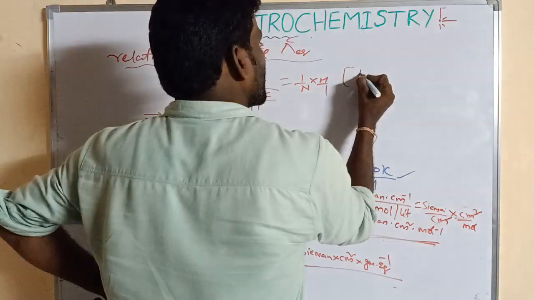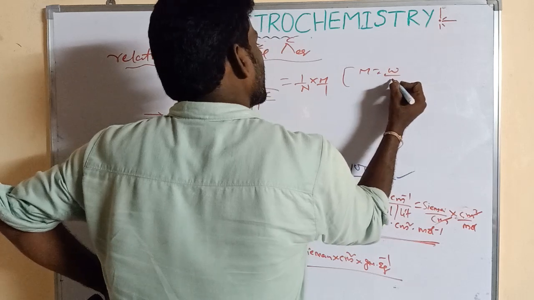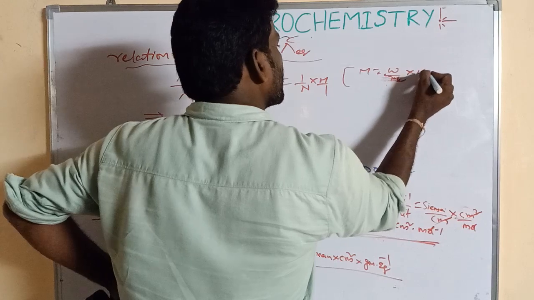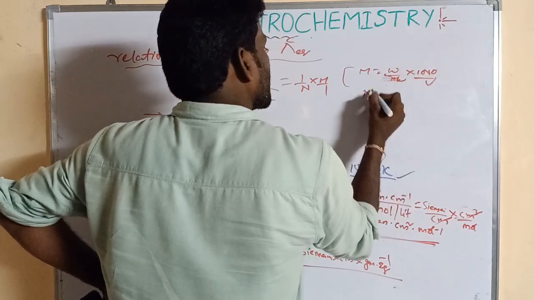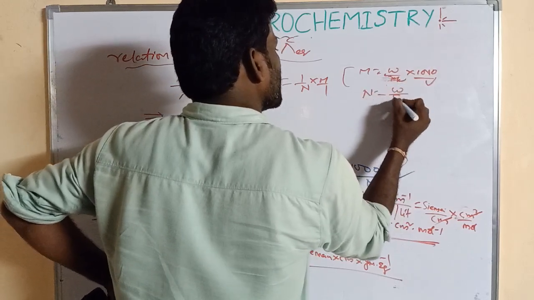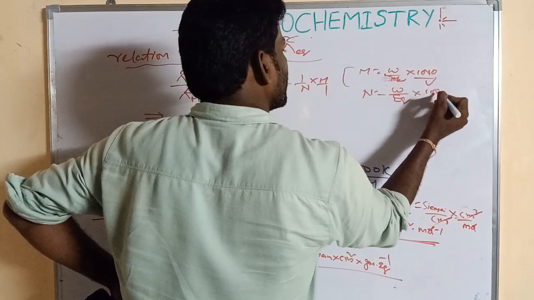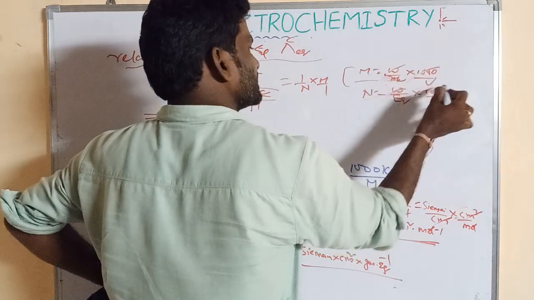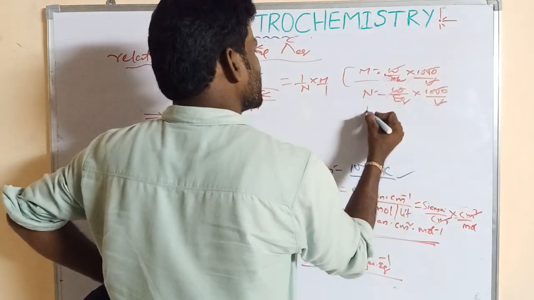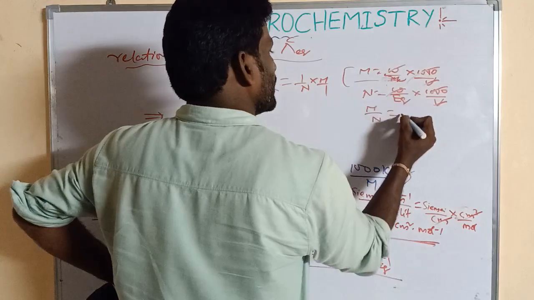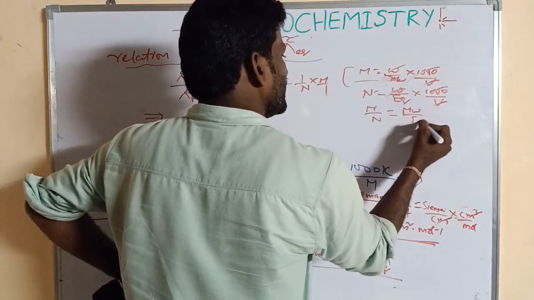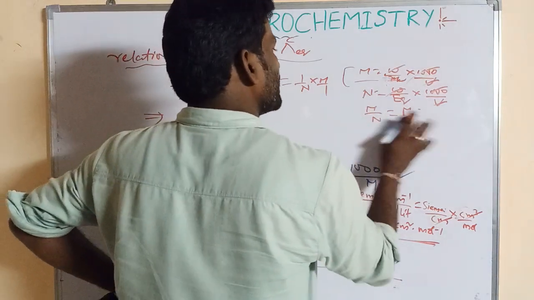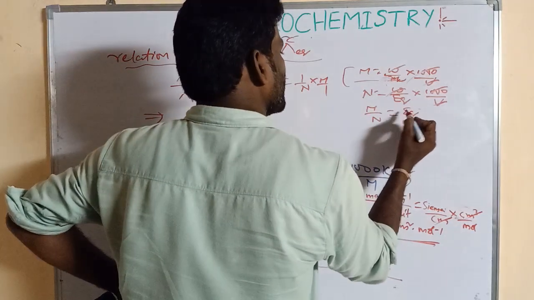Molarity is equal to weight by gram molecular weight into 1000 by V, and normality is equal to weight by equivalent weight into 1000 by V. So if m by n, these cancel. What remains? M by n is equal to equivalent weight by molecular weight.